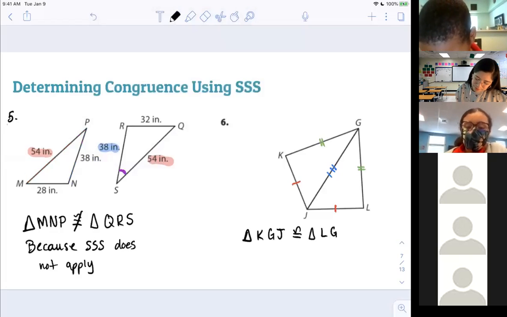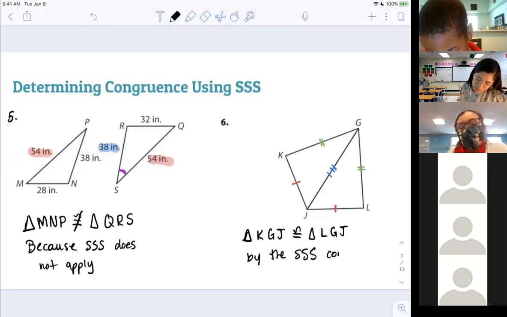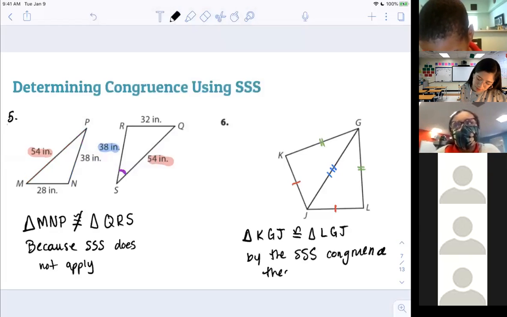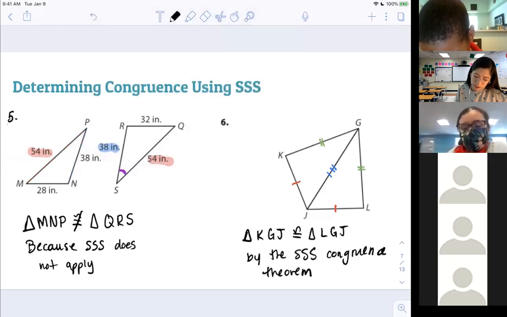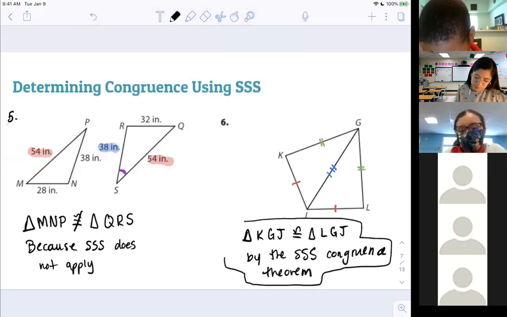There you go. Good. It really is congruent by the SSS congruence theorem. We always have to have a reason. You can't just tell me they are. You have to tell me how you know they are congruent.